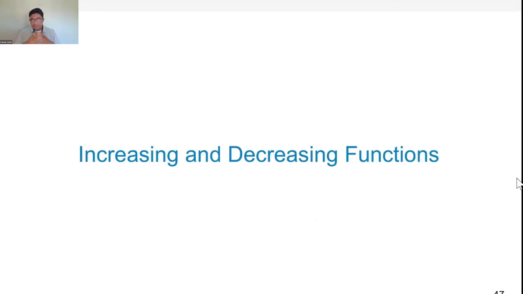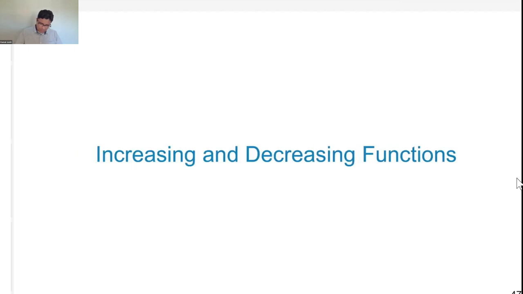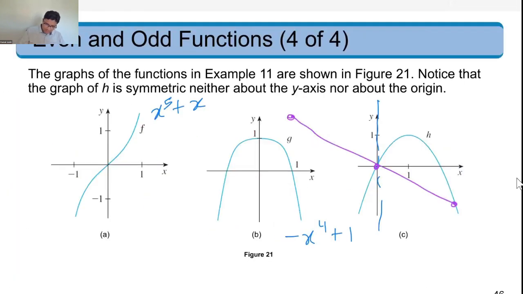Another concept, increasing. Oh, before we go there, just 1 second. I will briefly talk about these two trigonometric functions. You don't need to study trigonometric functions in detail if you don't require it in your course. If you don't know them, don't worry. I'm only talking about one idea about odd and even functions, which you will understand.